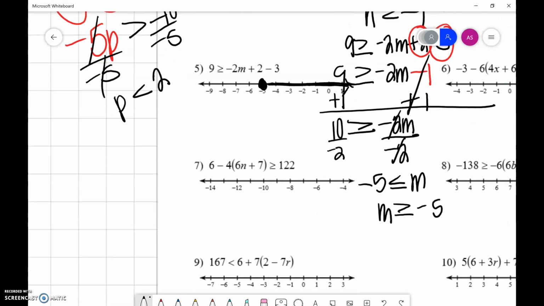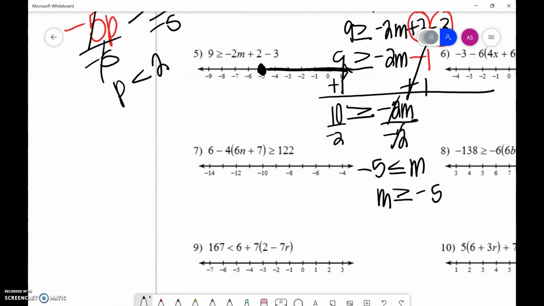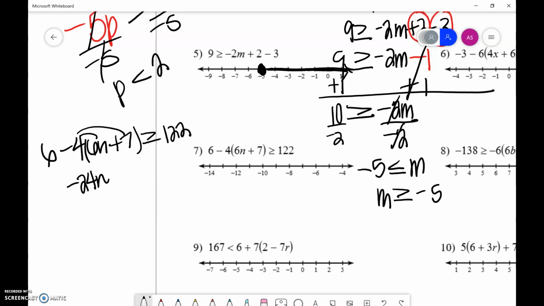All right, number 6. So we have the distributive property as our first step. So we're going to get negative 24n, and then we're going to have negative 28. Then I'm going to bring down everything else I didn't use yet.